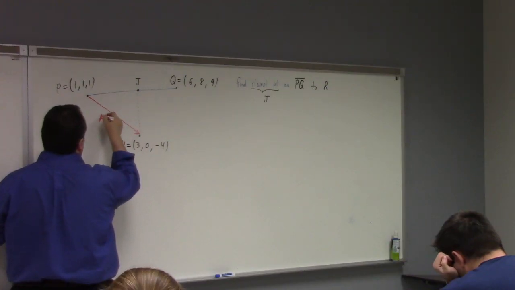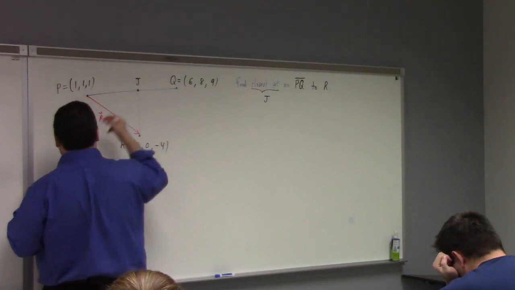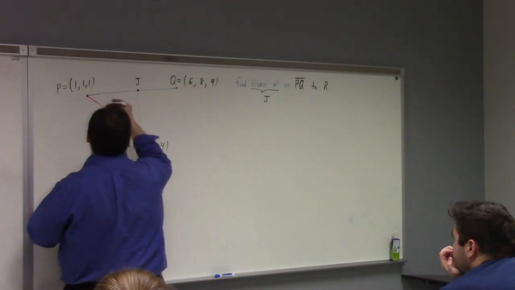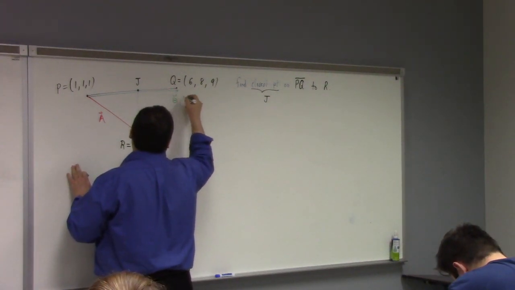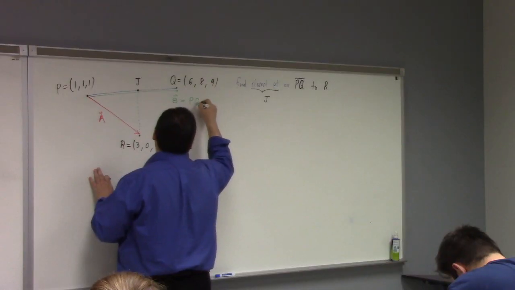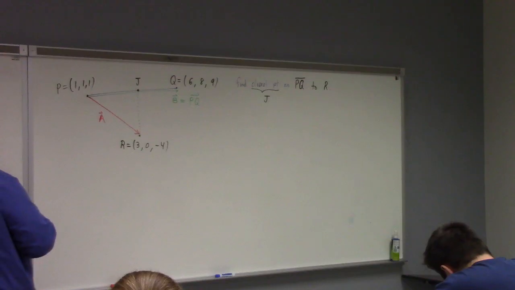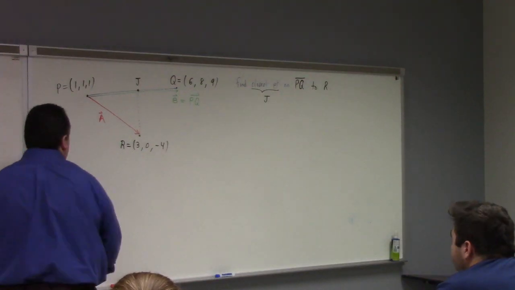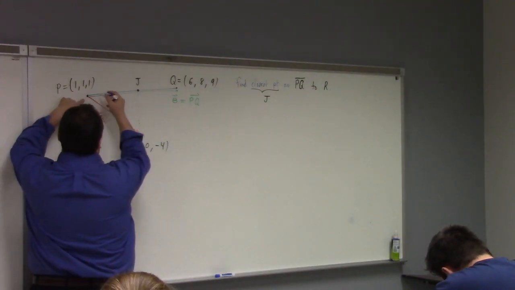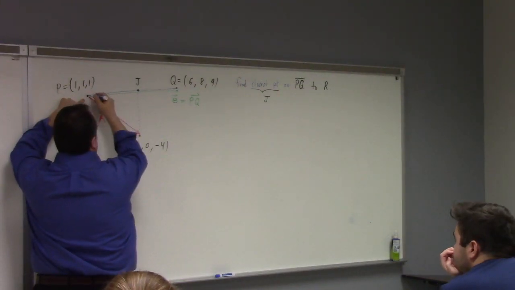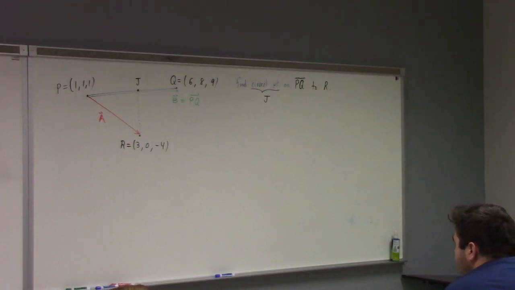Let's call that A. And then I think about this vector up here, say B, which would be the PQ vector. I want to find the shadow of A onto B. So I'm looking for the projection.